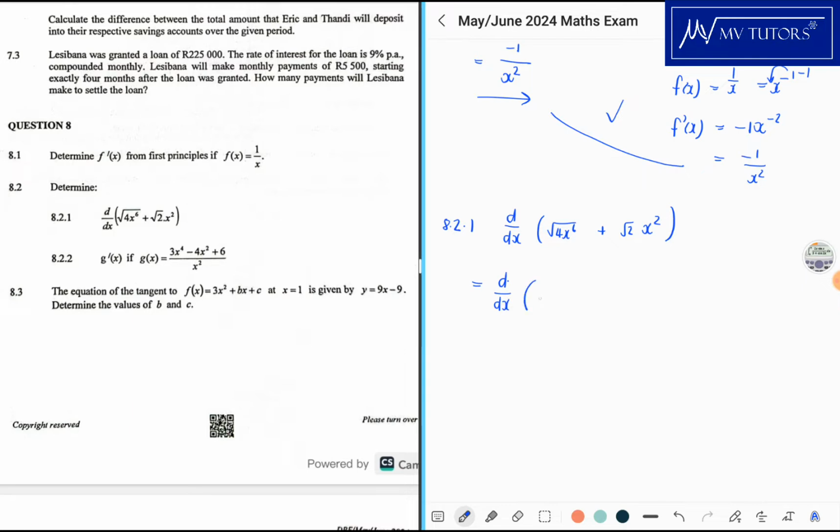So root 4 is 2, and root of x to the power 6, remember, they don't put a 2 there, but that's basically what a root is. So we can say it's x to the power 6 times a half if you want to get rid of the square root. So basically what I'll be left with is 2x to the power 3, and then I have root 2 there by itself and x squared.